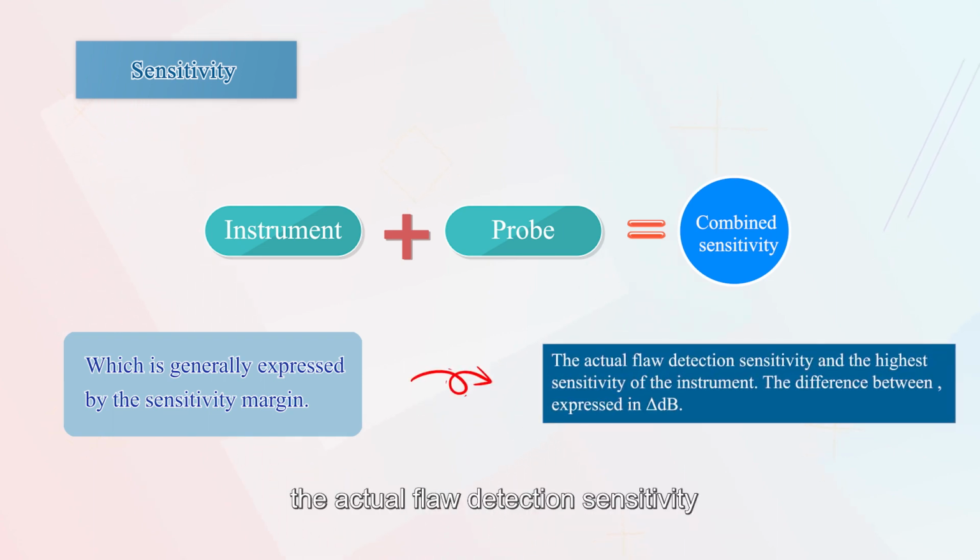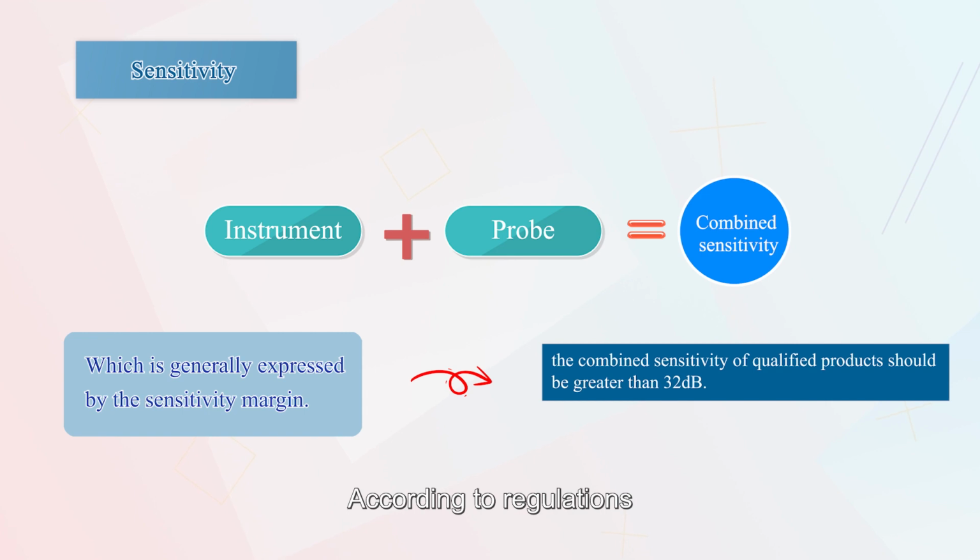That is, the difference between the actual detection sensitivity and the highest sensitivity of the instrument, expressed in dB. According to regulations, the combined sensitivity of qualified products should be greater than 32 dB.